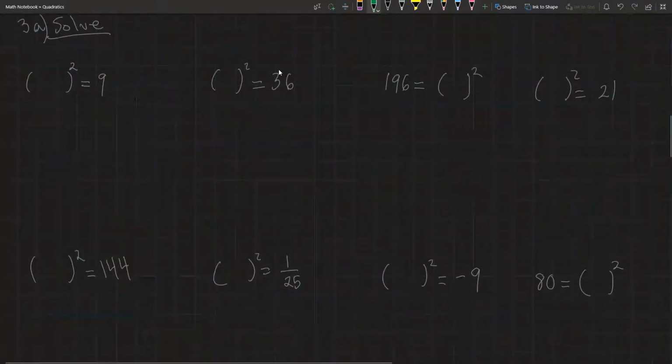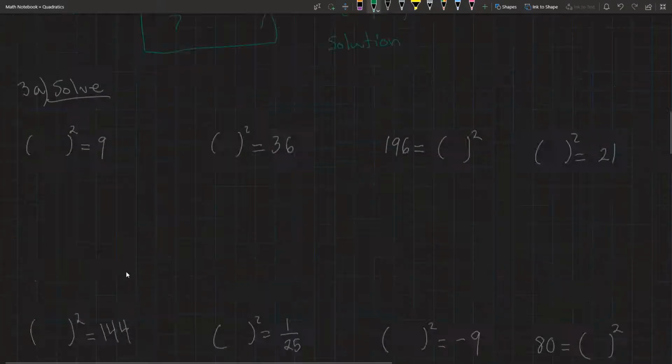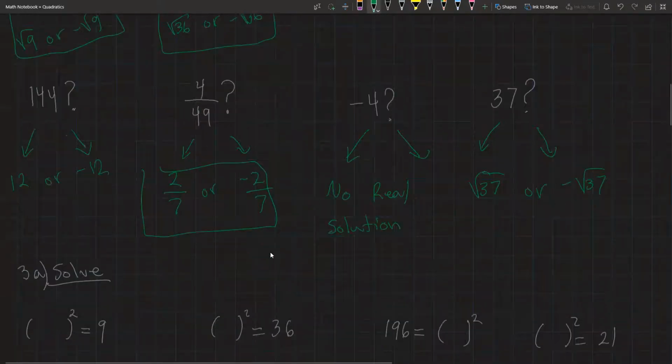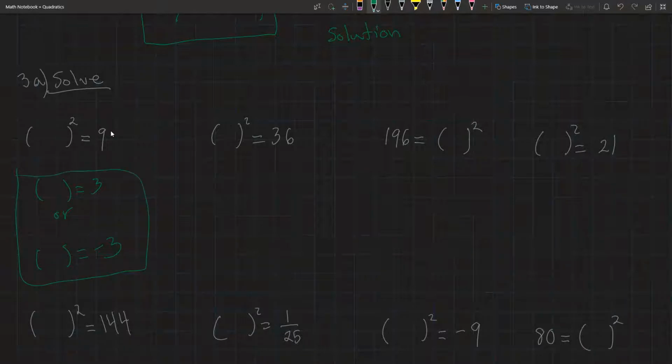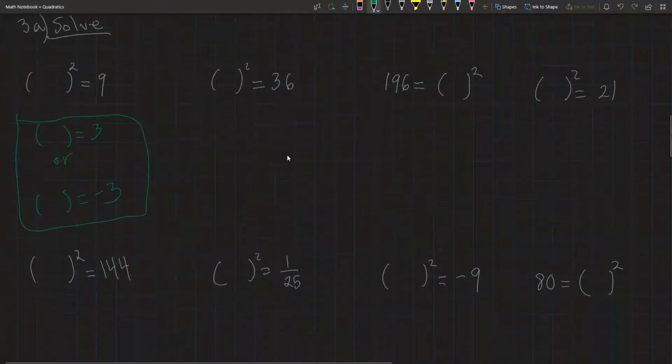And notice how I chose these: 3, 9, 36, and 144. They're the same from before for your reference. So you can see nothing different is happening. What was squared to get a 9? Remember, there are 2 possible values. We're going to say the something equals a 3 or the something equals a negative 3. Very similar to what we did on the problem above. Something squared equals a 36. What are the 2 possibilities?